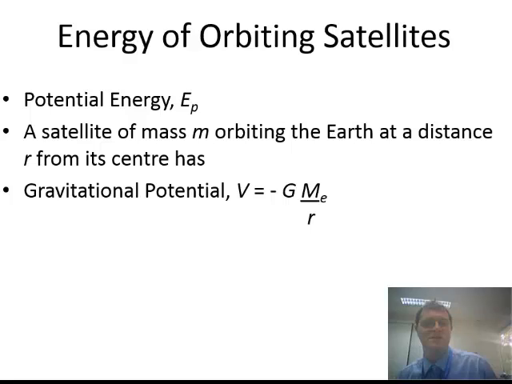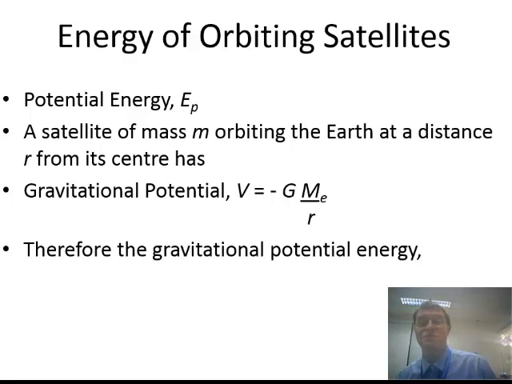V is minus G mass of the Earth over r, which means its gravitational potential energy is the gravitational potential multiplied by the mass of the satellite. So therefore the gravitational potential energy is minus G multiplied by the mass of the Earth multiplied by the mass of the satellite divided by r, which is the distance from the center of the Earth.